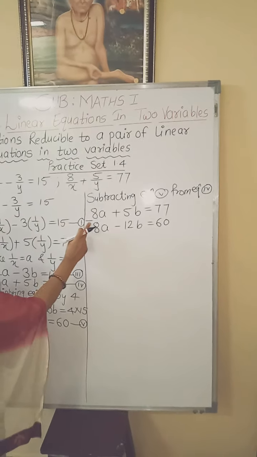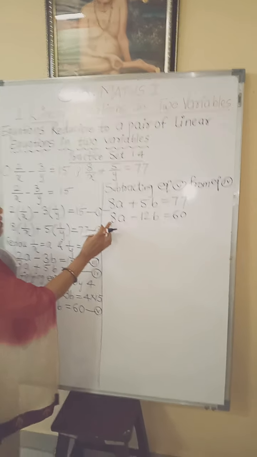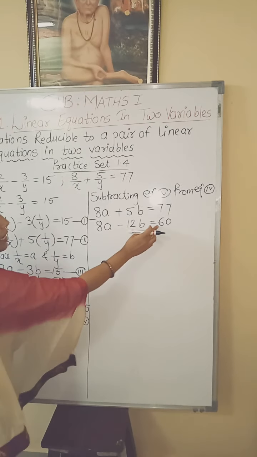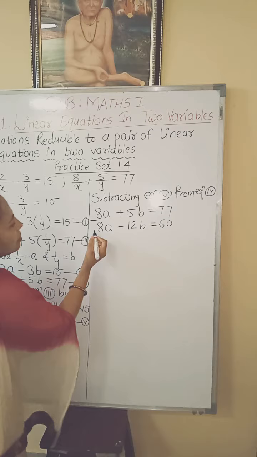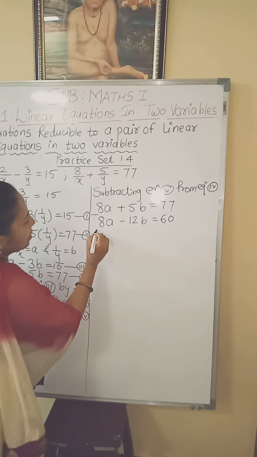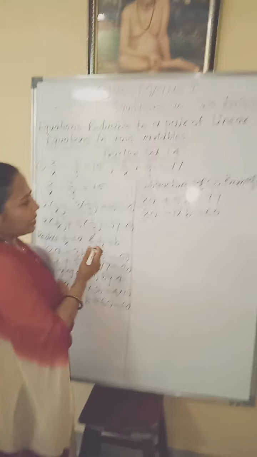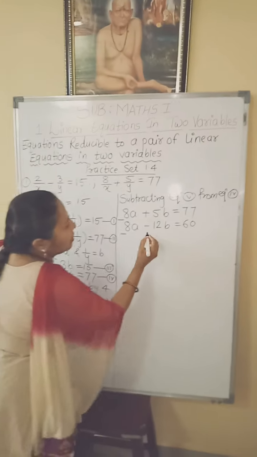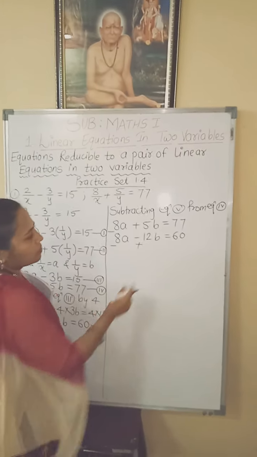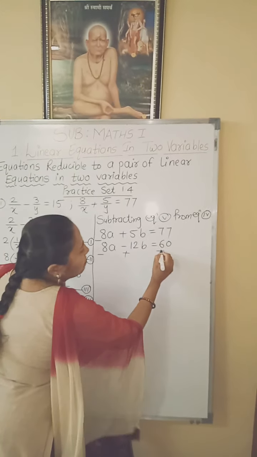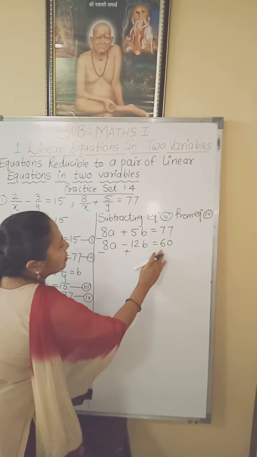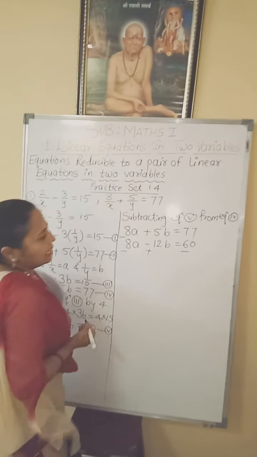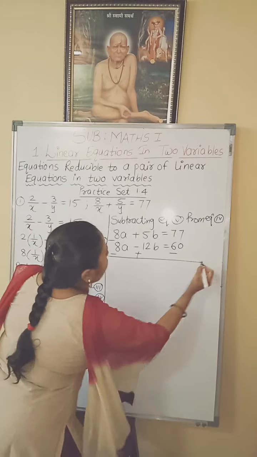Now due to this subtraction, each term of the second equation gets changed. Here positive 8a is converted into negative 8a, this negative will convert into positive, and this positive will convert into negative.